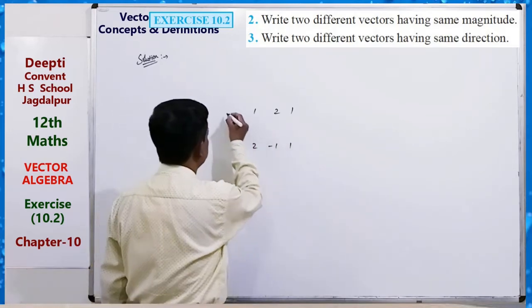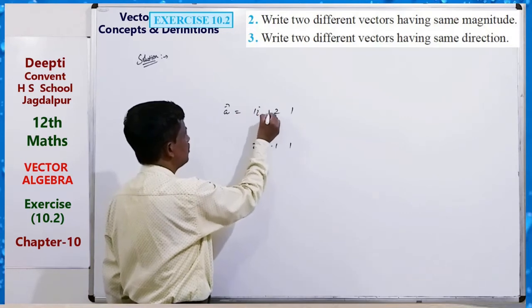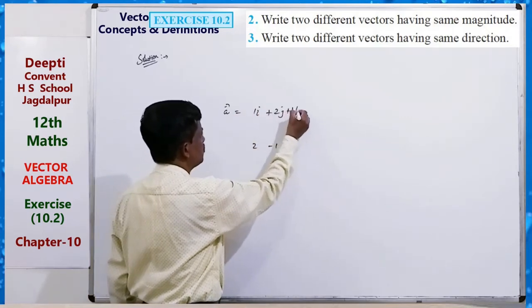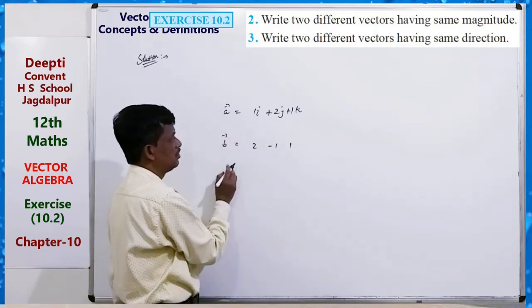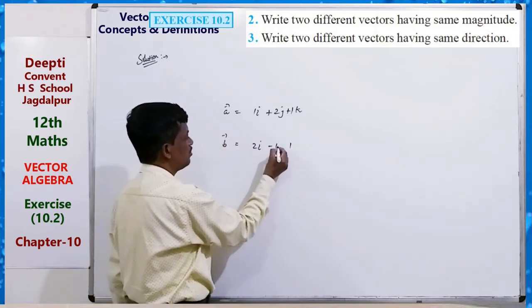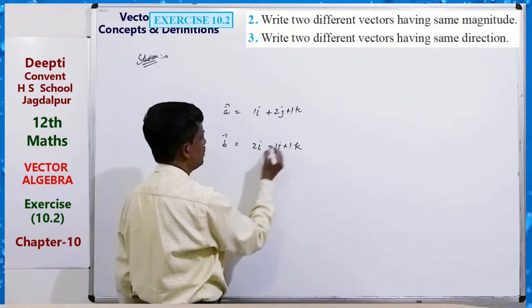Suppose vector A equals 1 into i plus 2 into j plus 1 into k, and another vector B equals 2 into i plus 1 into j plus 1 into k.